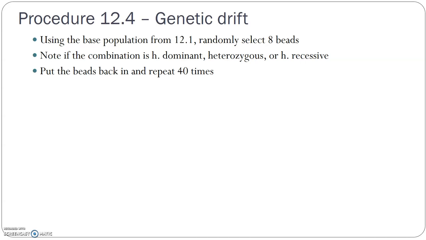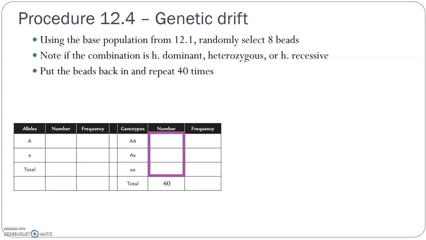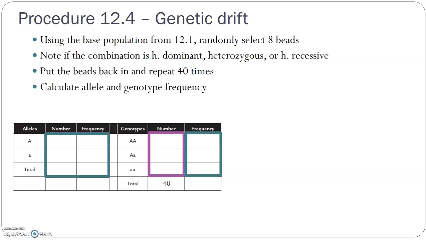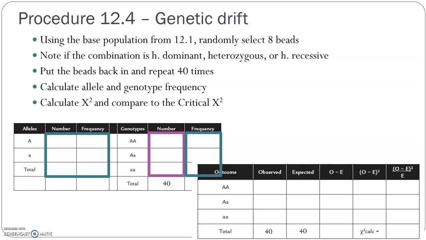So you're going to again count your homozygous dominants, heterozygotes, and homozygous recessives, put those into the table for procedure 12.4, and then again calculate out your allele and genotype frequencies. And then you're going to have to determine if evolution happened. So you are going to calculate the chi-square one more time, where you're going to take your observed value and put that in the chi-square.